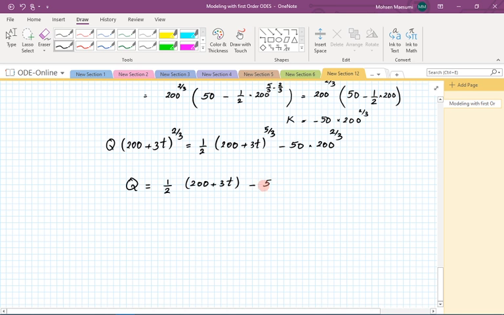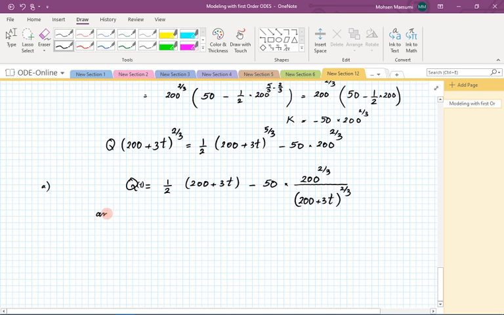Minus 50, this is 200 to the power of 2/3. I have to divide by this coefficient, which is 200 plus 3t to the power of 2/3. So this is q as a function of time. If you want to spell out that this is a function of time, you put the parentheses t in front of your q. So this is what we have found is the answer to part A.